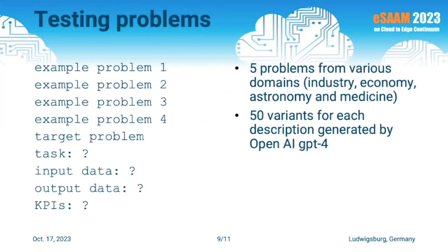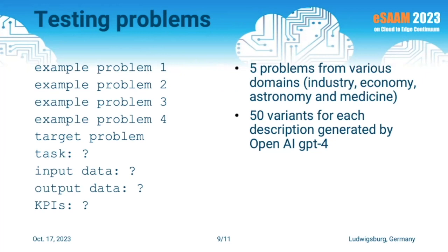This is just preliminary work. We have just collected 5 problems from different domains, like from industry, economy, astronomy, and medicine. We have generated different variants of the text. So we are even measuring, if you use a different formulation of the problem, how this will be related to our extraction.